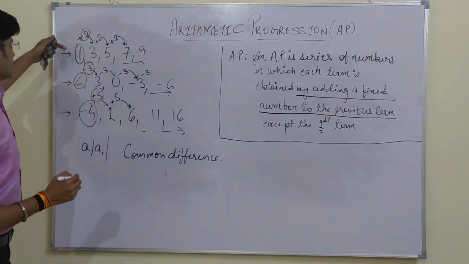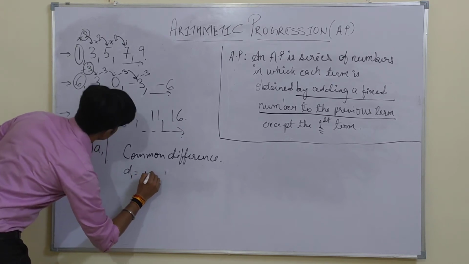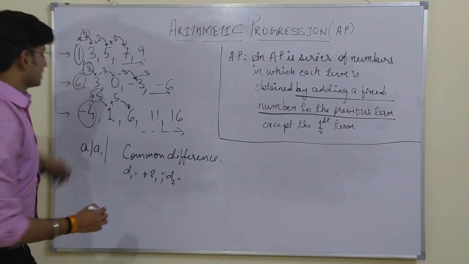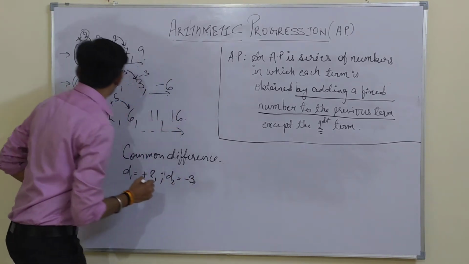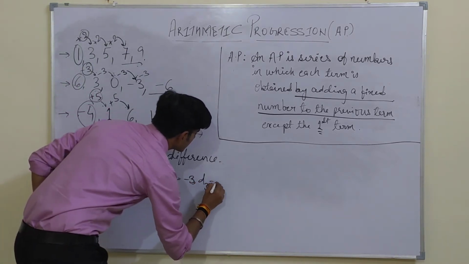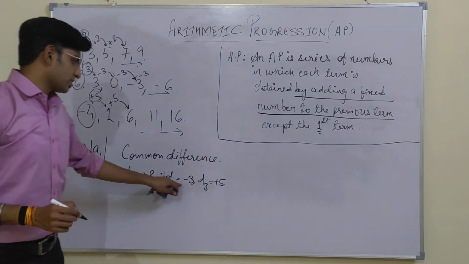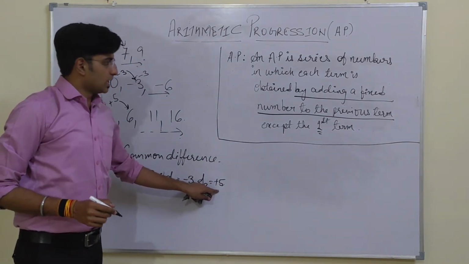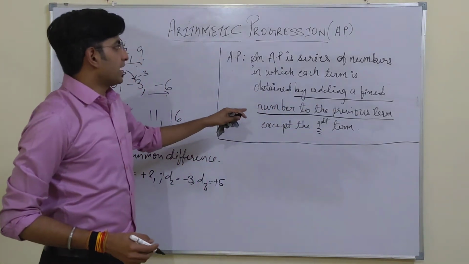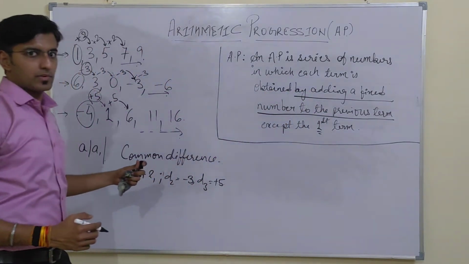So the common difference in the first sequence d1 is plus 2. In the next sequence the common difference is minus 3 and in the third sequence the common difference is plus 5. Why I am deliberately telling you the signs of the common difference is because, as you can see in the definition, I have underlined it specifically that each term is obtained by adding a fixed number to the previous term.